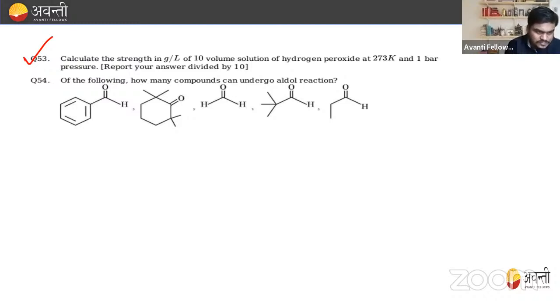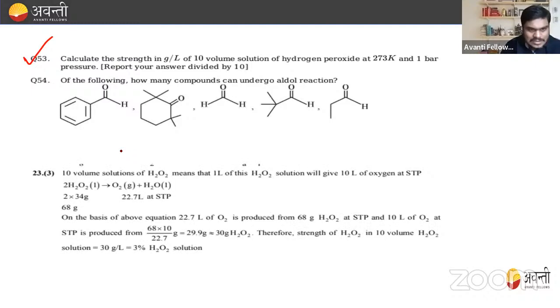Okay. So we already know that a 10 volume solution of H2O2 means that 1 liter of this H2O2 solution will give 10 liter of oxygen at STP, right? We know that whenever the decomposition of H2O2 takes place, it decomposes into O2 and H2O. So 2H2O2 means 2 into 34, that is 68 gram.